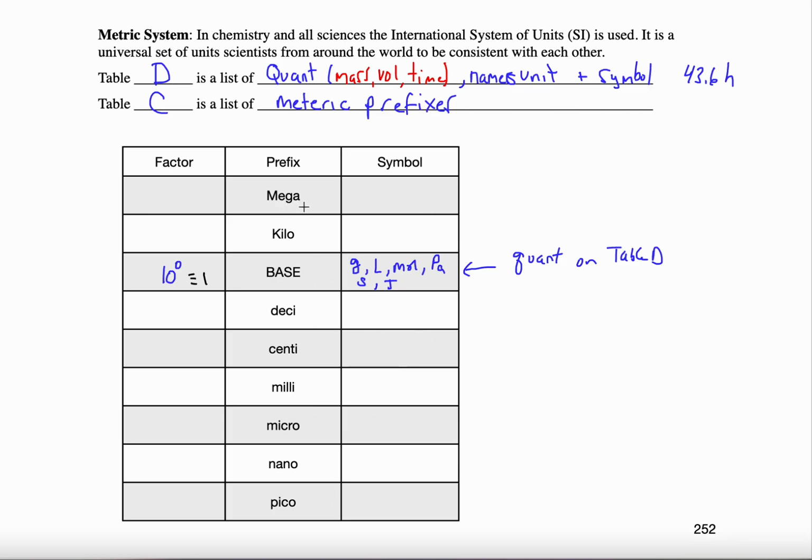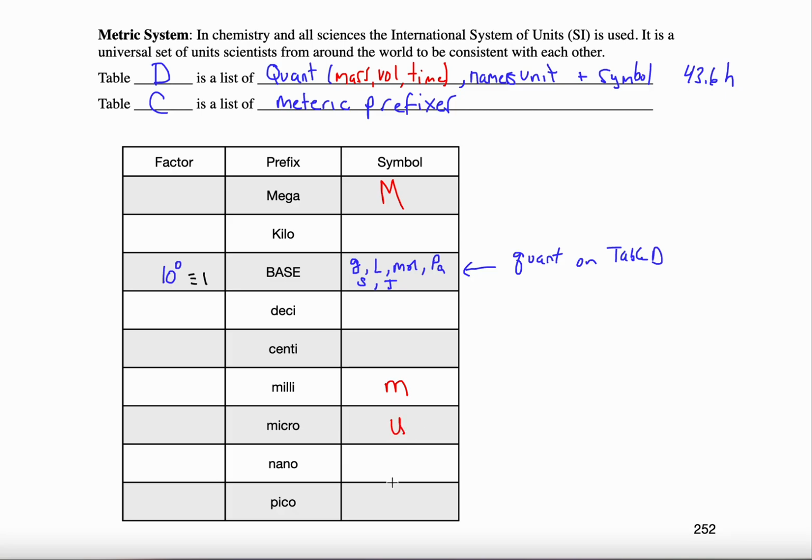Okay, now let's talk about the prefix names and their symbols. Three of our prefixes start with the letter M: mega, milli, and micro. There are small variations in their symbols. If it's mega, it's a capital M. If it's milli, then it's a lowercase m. And if it's micro, it's not even an M. It looks like a U, so I'm going to write a lowercase u, but a lot of times it has that little tail out in the front.